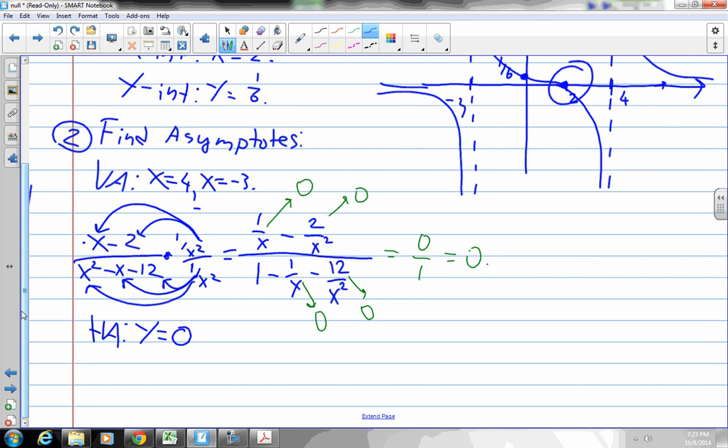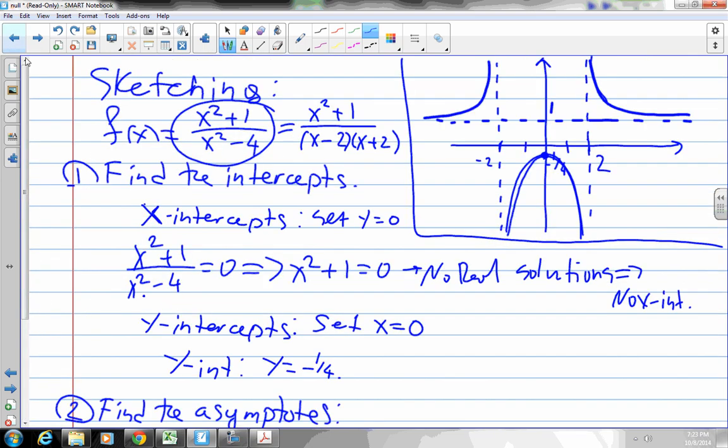Small over large is small. Large over small is large. But if the exponents are equal, and this is what we saw here, in this case the degree of the numerator was the same as the degree of the denominator. In this case, the asymptote came out to be 1, if the degrees are the same.